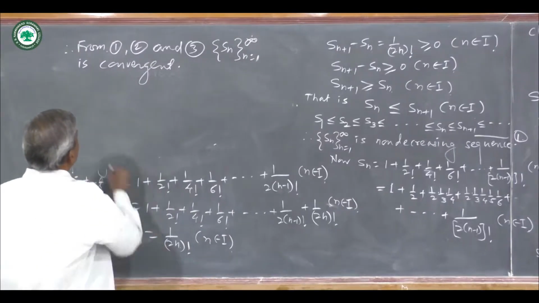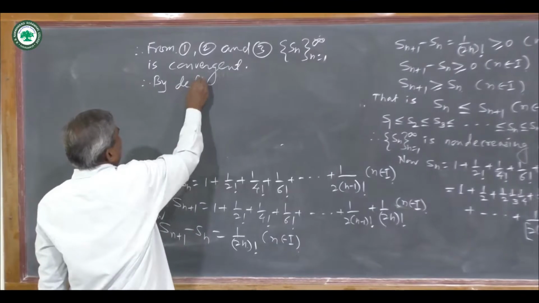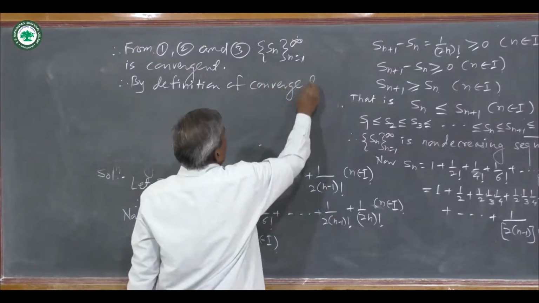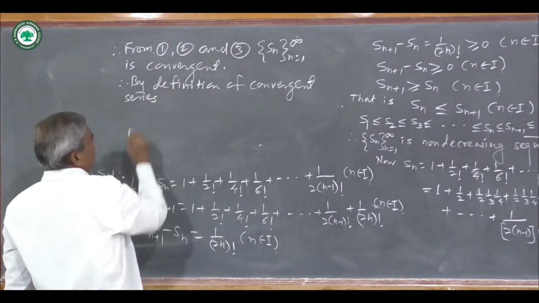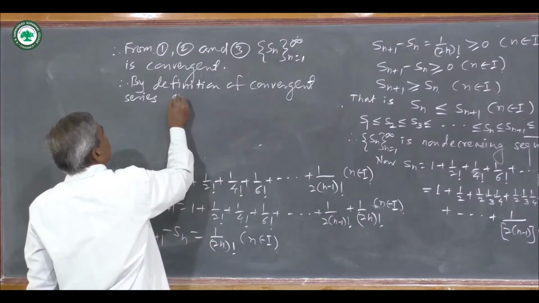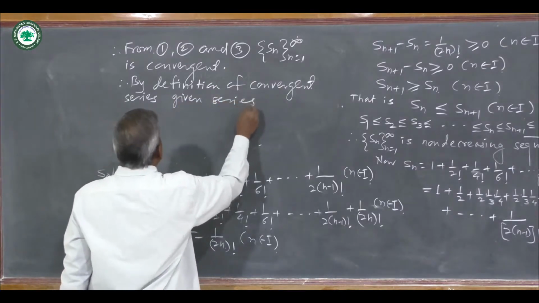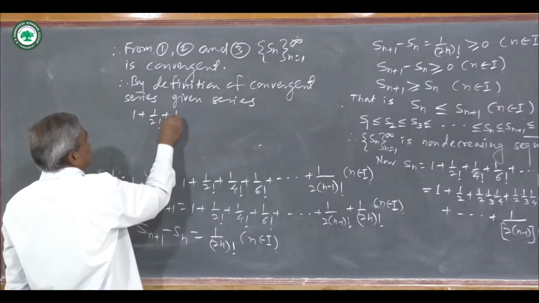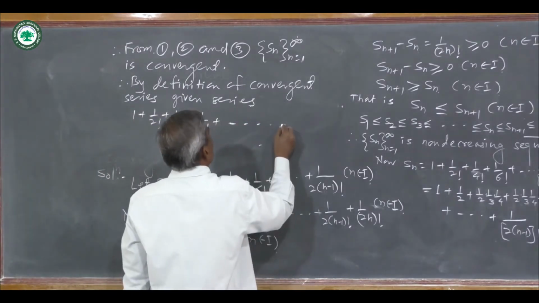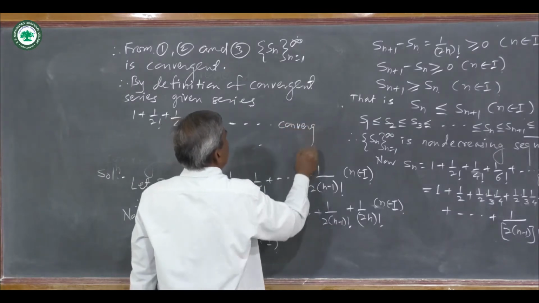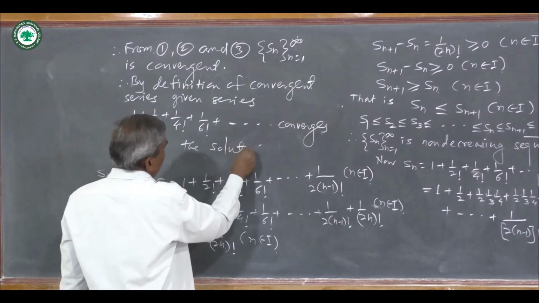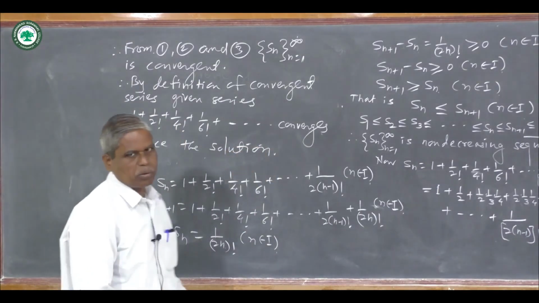Therefore, by the definition of a convergent series, the given series 1 plus 1 upon 2 factorial plus 1 upon 4 factorial plus 1 upon 6 factorial and so on converges. Hence the solution of the problem.